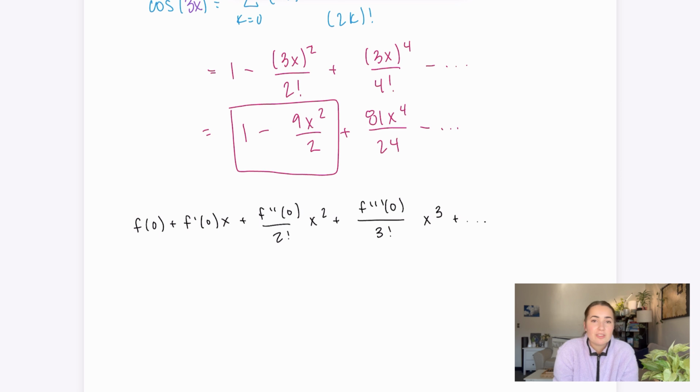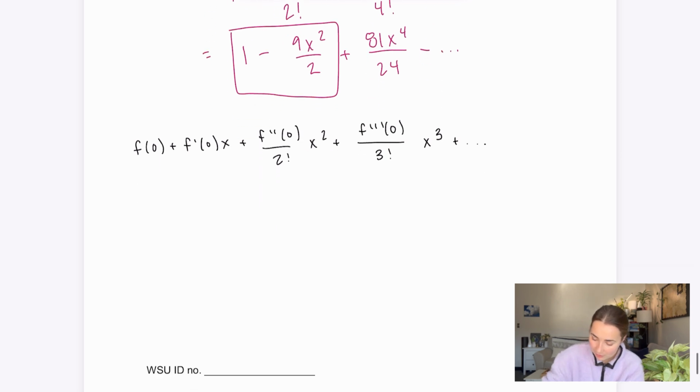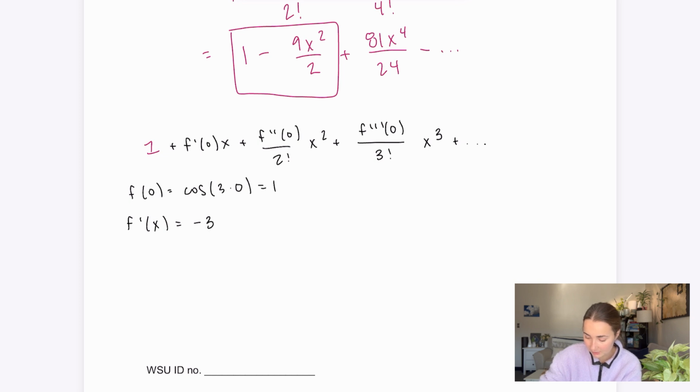So we have f of 0 equal to cosine of 3 times 0, which is equal to 1. Our first derivative, f prime of x, is going to be negative 3 sine of 3x.